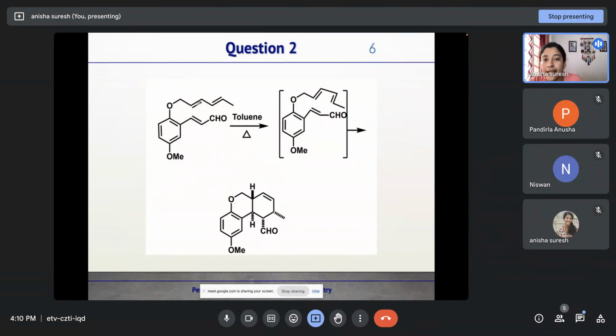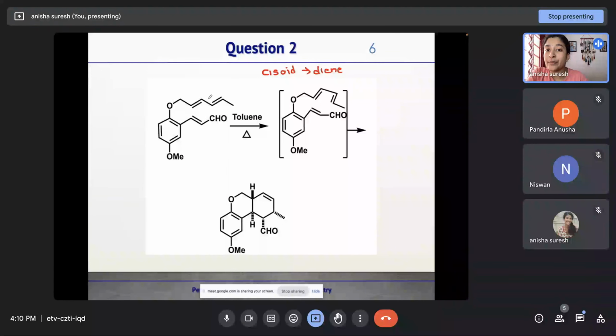So this is the diene component, and for the Diels-Alder reaction we have seen that it is mandatory to have a cisoid conformation of the diene. The diene should be cisoid. So here we can see the diene is in transoid conformation.